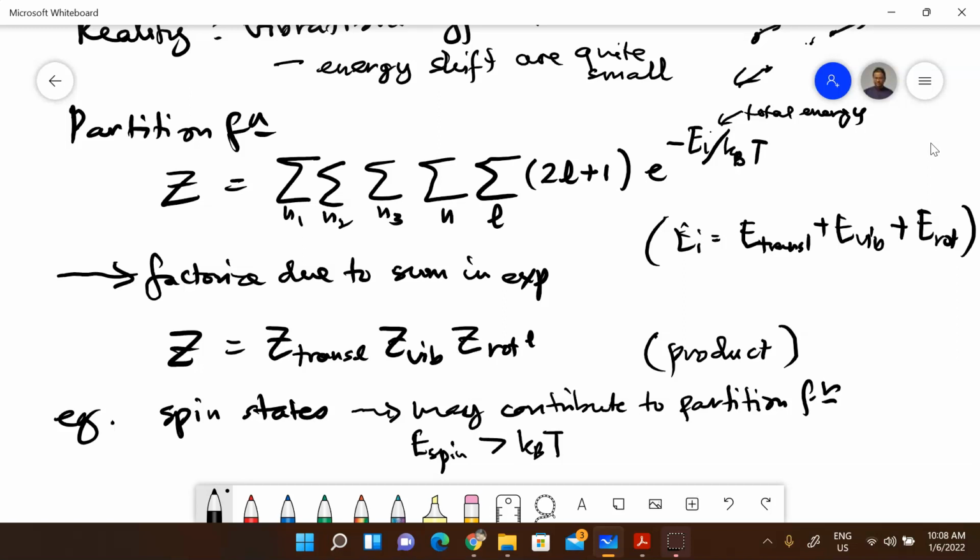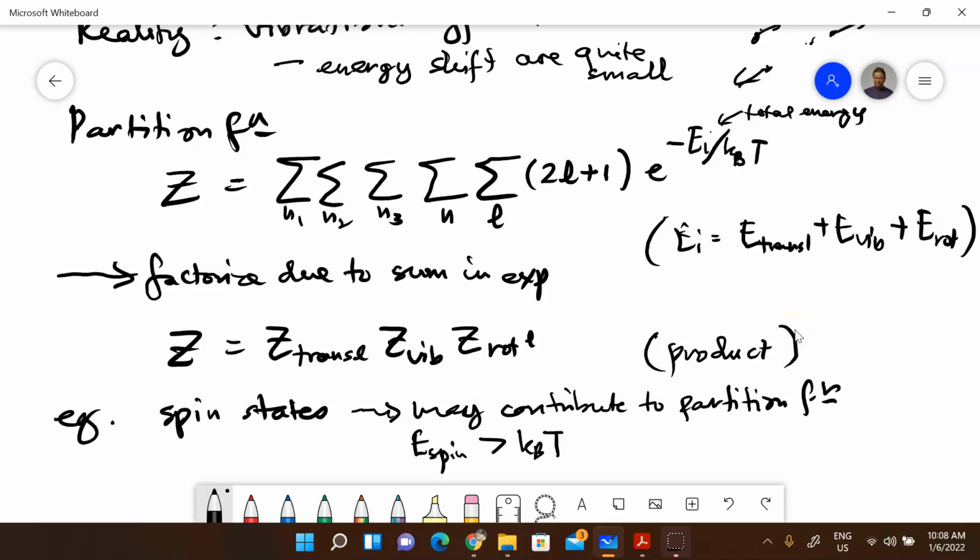Just like the ones that we showed before, where your vibrational states get frozen, because at lower energies there's not enough energy to excite the vibrational states. Similarly, the same thing happens over here.